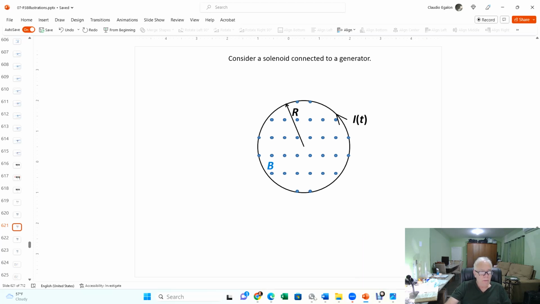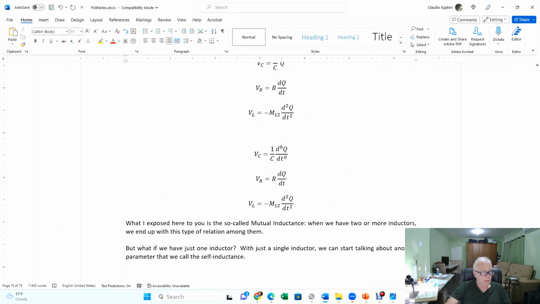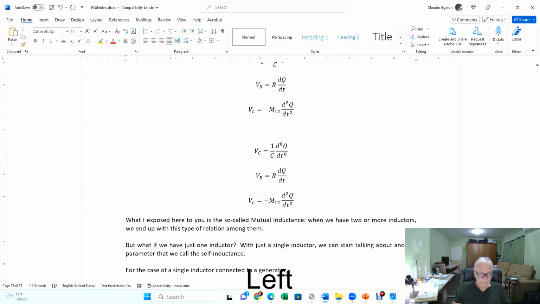So you can write it down. For the case of a single inductor connected to a generator, the current will change with time, and there will be a B field that will change with time as well.